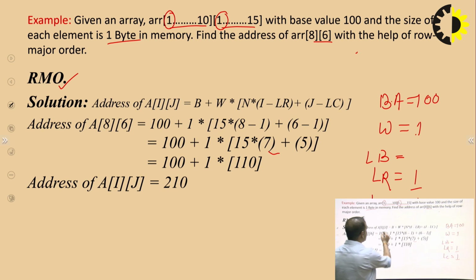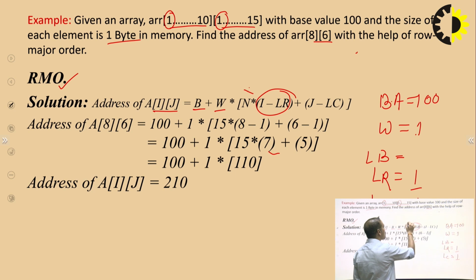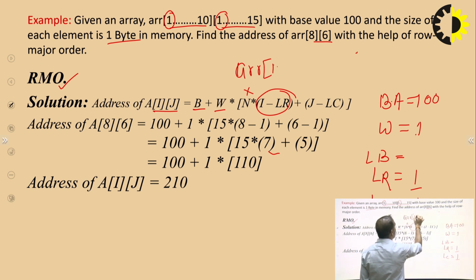We write here I, J, B for base address, W into, this is the row major order. We have to multiply row with column. The original matrix is ARR[M][N]. So here we have to multiply with column because this is the row major order formula.